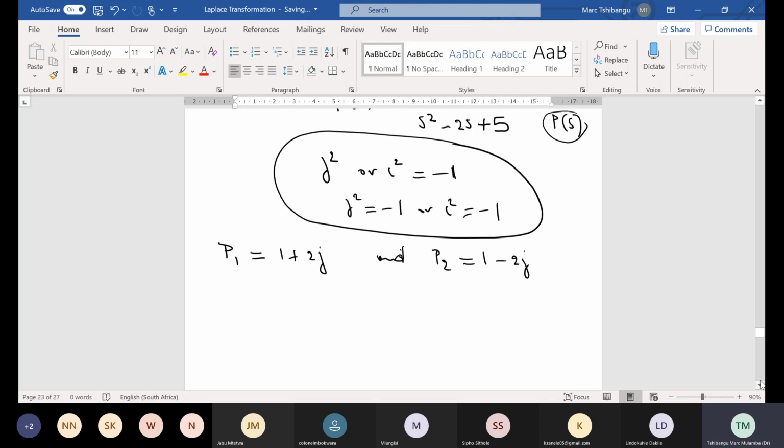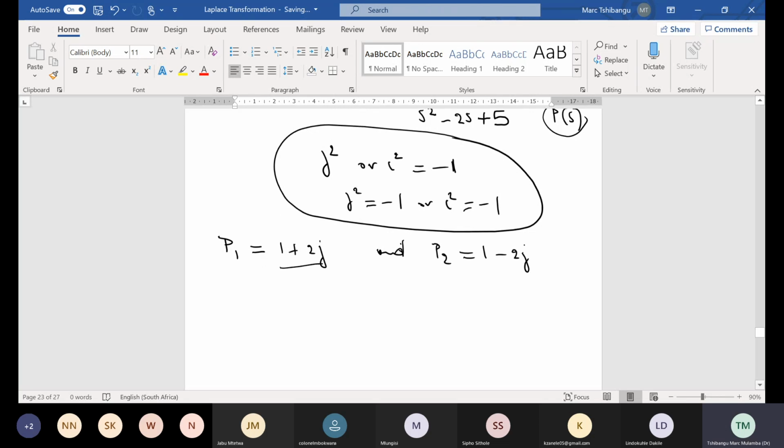As you can see, these two roots are what we call, in complex numbers, complex conjugates, because the imaginary terms only differ by the sign, plus and minus. These are complex conjugates.